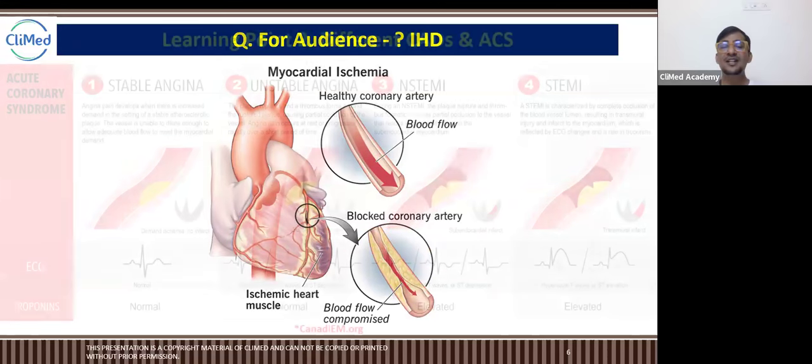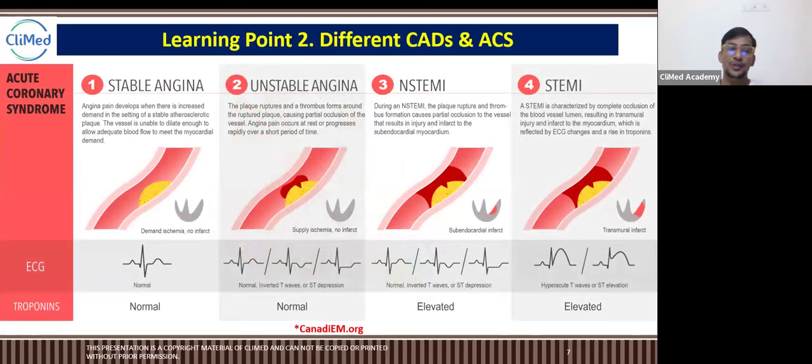So let's understand more what the differences are. So see, this is the major difference here. Stable angina, as we are talking about, I'll not take much time. Stable angina means when there is a normal plaque. This is the plaque. Plaque can happen in a healthy person also.